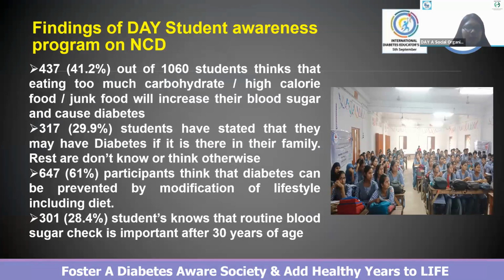But the rest don't have any idea how diabetes can occur and what can happen if they take lots of carbs and high-calorie or junk foods. 317 students stated that they may have diabetes if it is there in their family; the rest don't know or think otherwise. 647 participants think that diabetes can be prevented by modification of lifestyle, including diet. And 301 students know that a routine blood sugar check is important after 30 years of age.